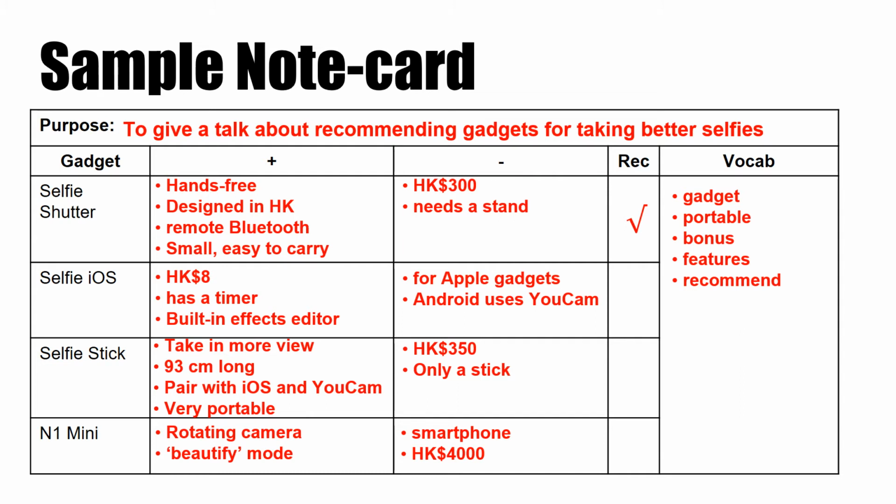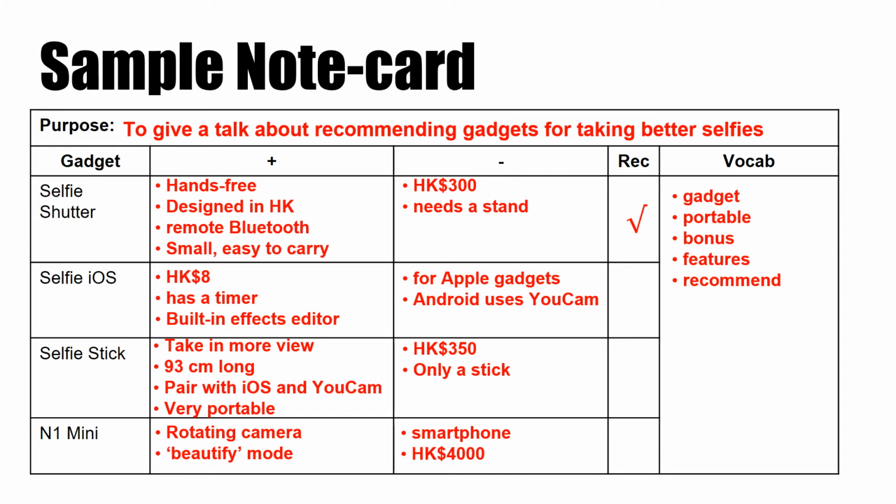So write down a few words or expressions that you think will be useful to you, helpful to you in your group discussions. So at the end of the 10-minute preparation, your note card should look something like this. A useful note card should look something like this.